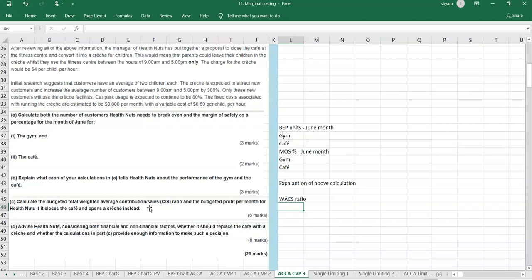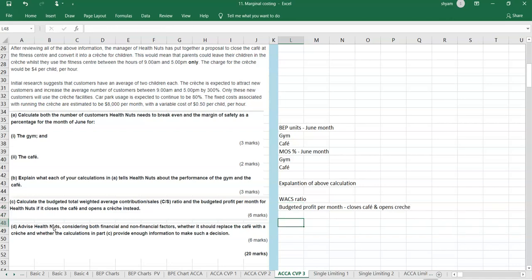And the budgeted profit per month for Health Nuts if it closes the cafe and opens Screech.